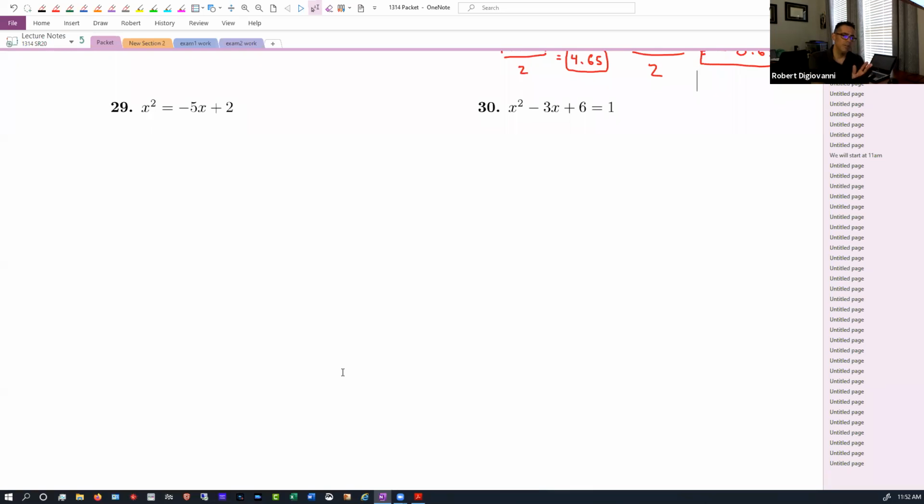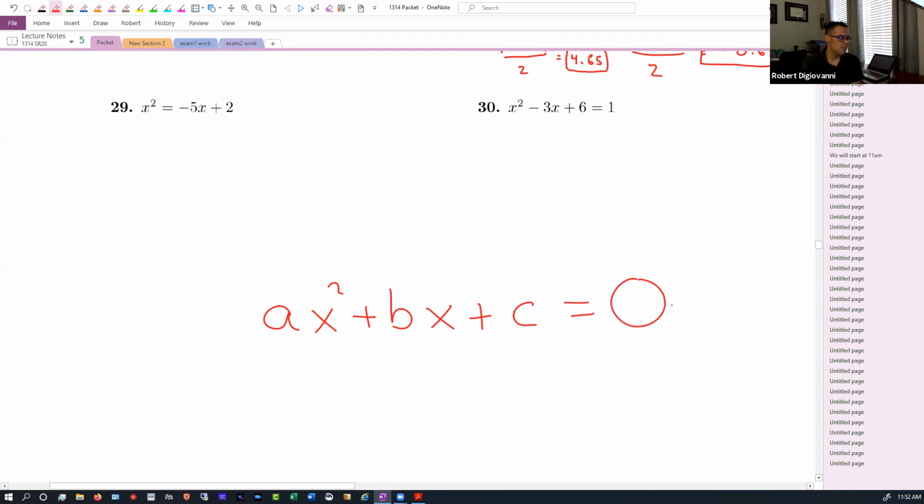Let me just remind you that before you can use a quadratic formula, it has to look like ax squared plus bx plus c equals 0. So is number 29 in that form yet?